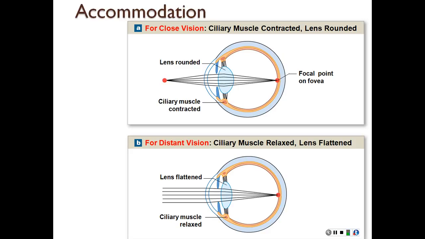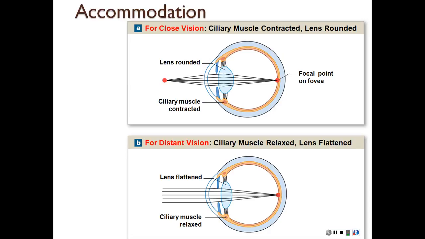Okay, so if you're looking at something close to your face, those ciliary muscles contract, and that causes the lens to become more round. If you look at the top picture, you'll see that the lens is more oval shaped, whereas in the picture on the bottom, the lens is flatter. So that's accommodation.